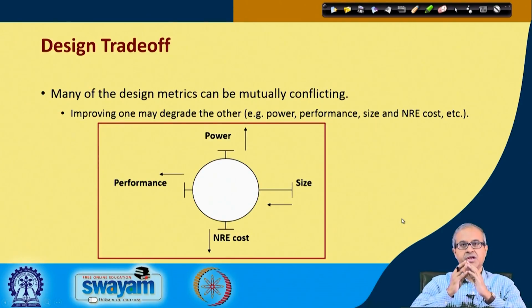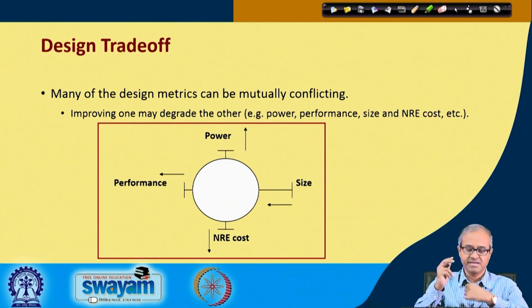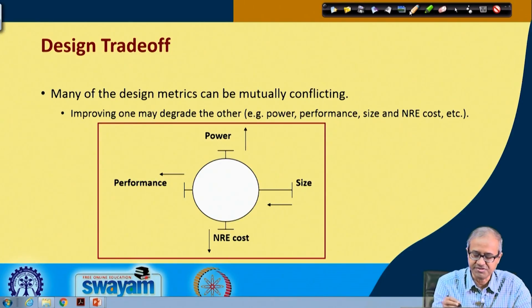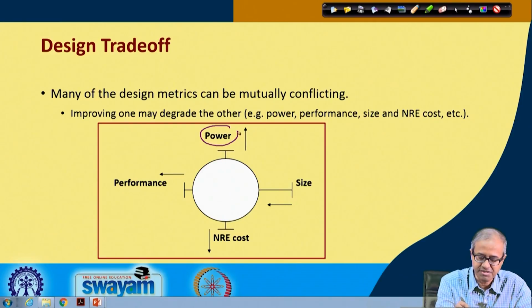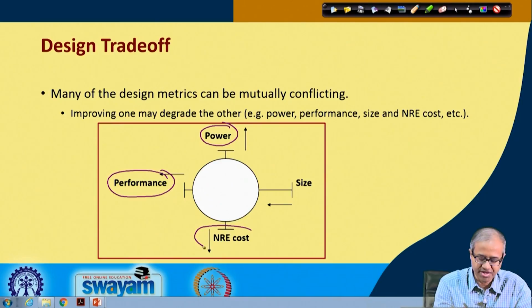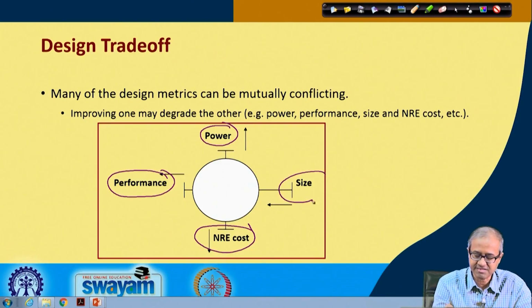Okay. Talking about design trade-offs, this we have already mentioned earlier, that there can be several design requirements which are mutually conflicting. Here in this diagram, I am showing 4 such metrics: power consumption, performance, non-recurring expenditure and size.